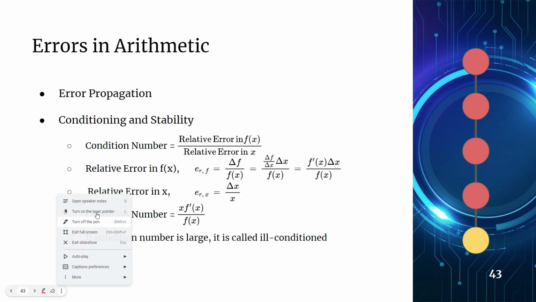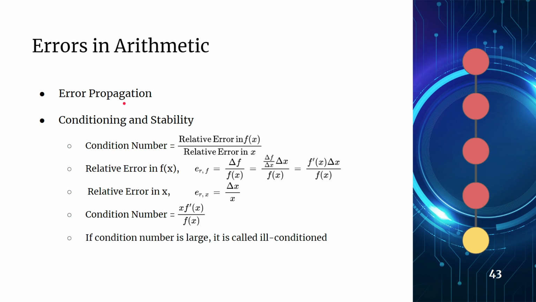Now, as I mentioned earlier, we have to take errors into account, but we also want the result to be as accurate as possible. So in such a case we try to calculate the condition number.